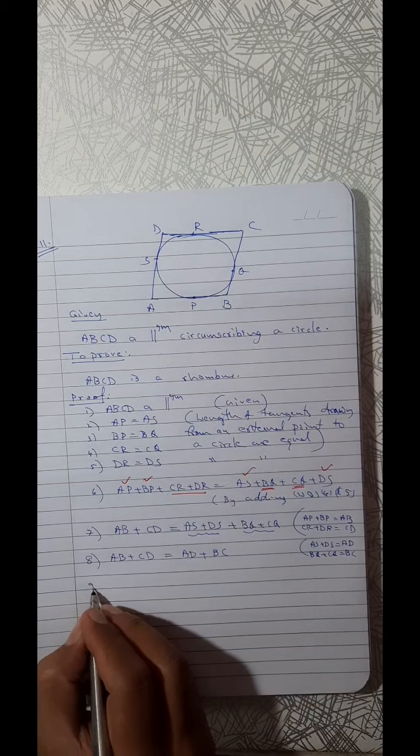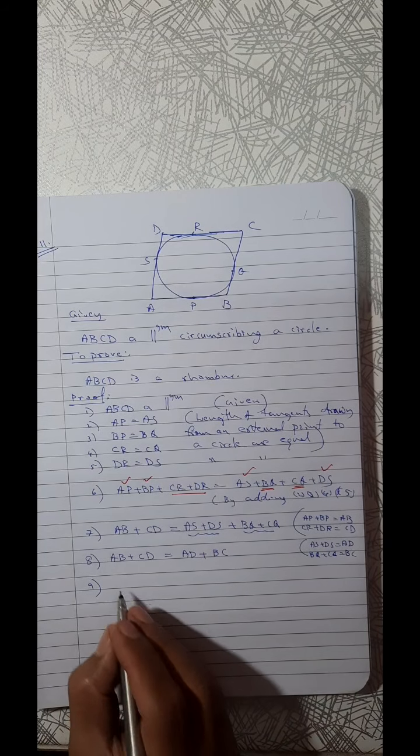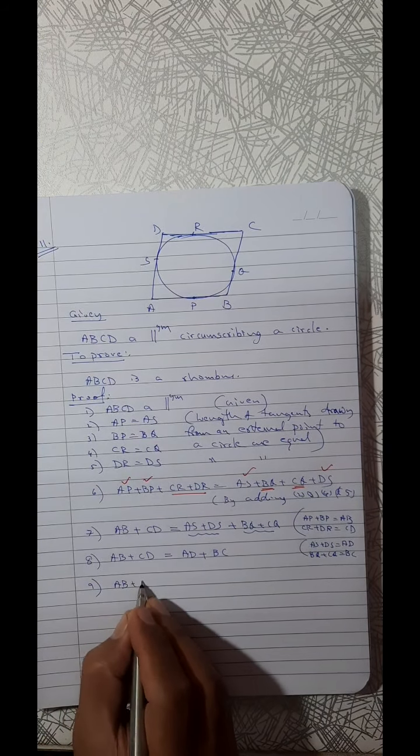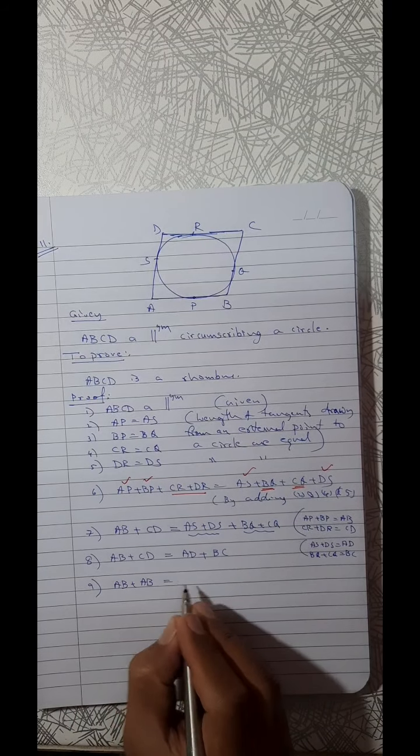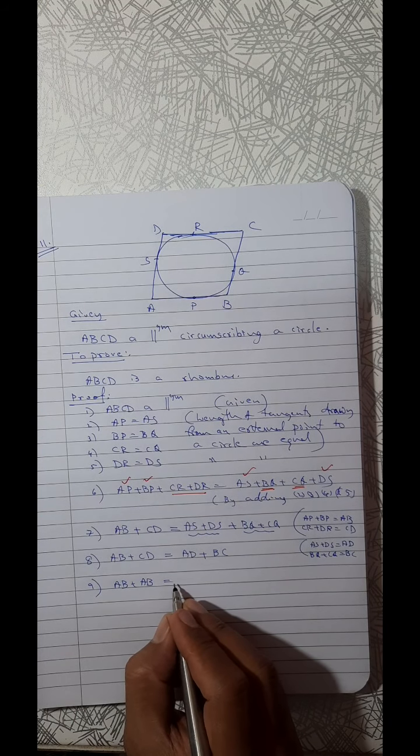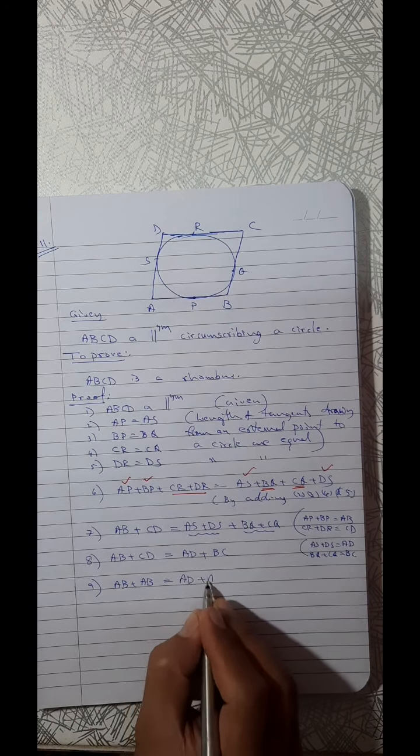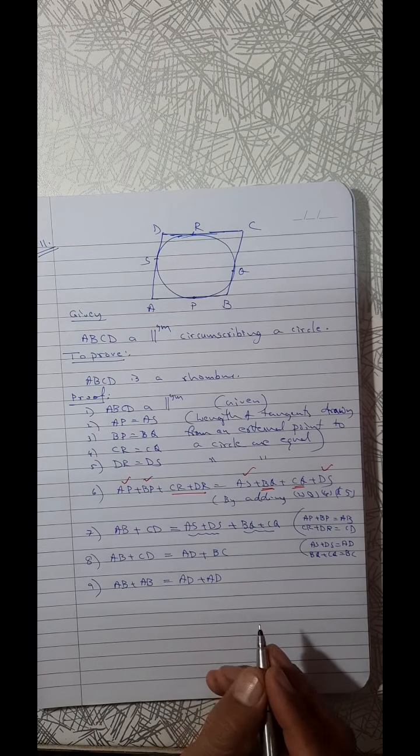Okay, now what can we write? AB plus CD can be written as AB plus AB, and AD plus BC can be written as AD plus AD. Why? Opposite sides of a parallelogram.